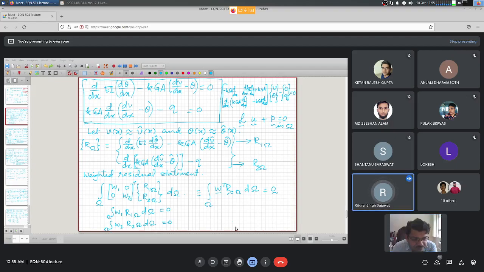Yes, there are two approximations, V hat and theta hat, because the transverse displacement is decoupled from section rotation. In the Euler-Bernoulli hypothesis, because of the assumption that shear deformations are zero, the section rotations are identical with the slope of the deflected shape.